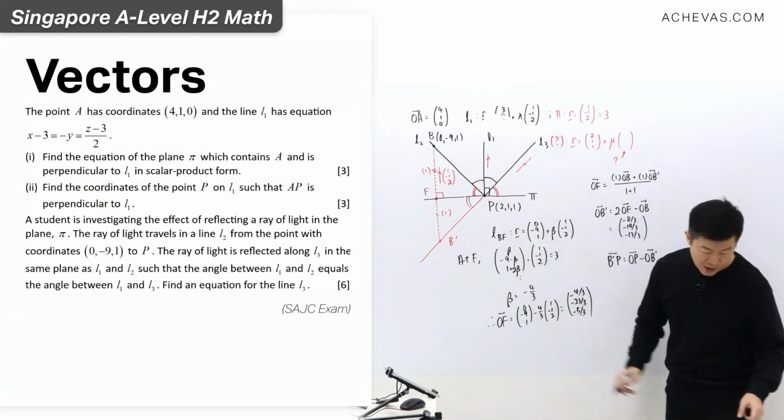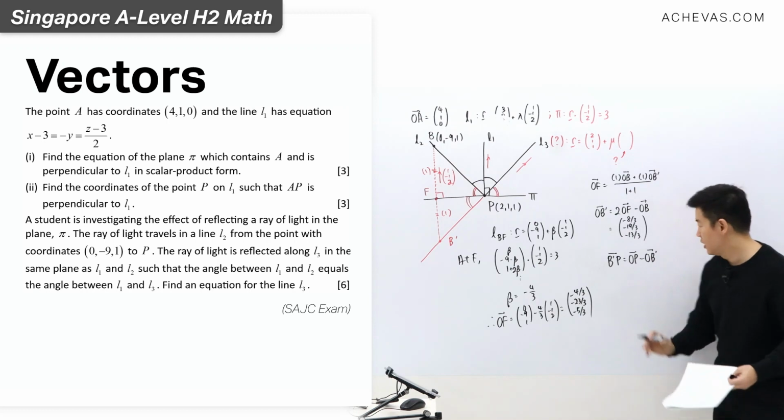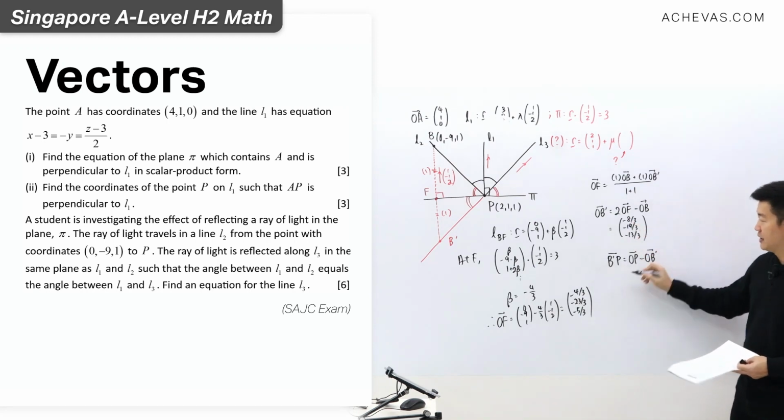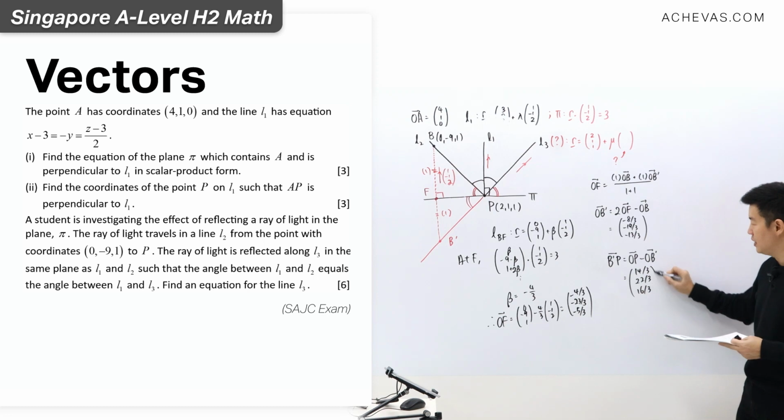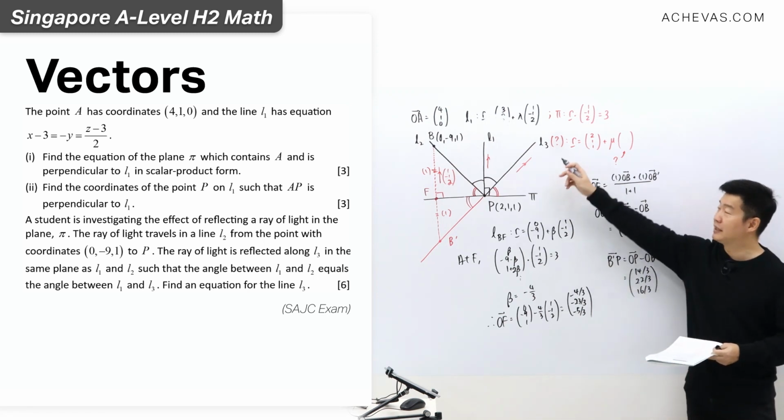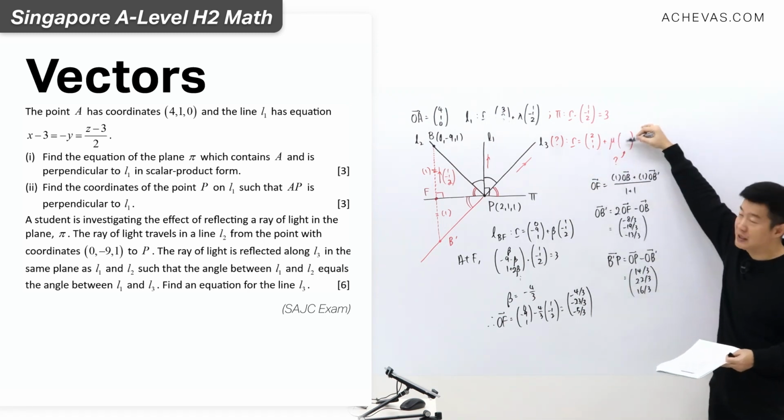OP is (2, 1, 1). OB prime is going to be this. If you were to evaluate this, you will get (14/3, 22/3, 16/3), which is going to form the direction of L3, which you can also fill in here.